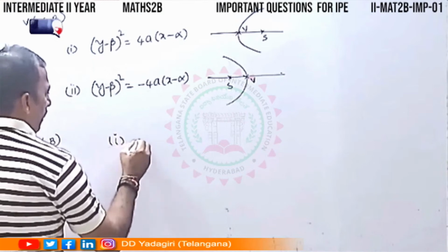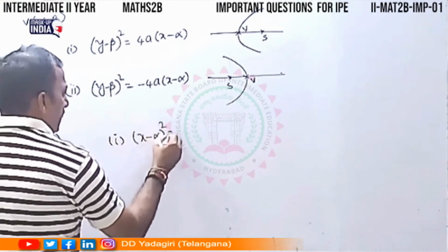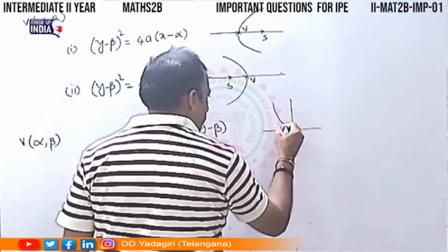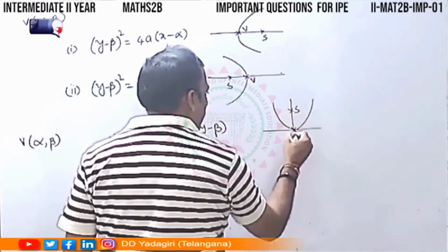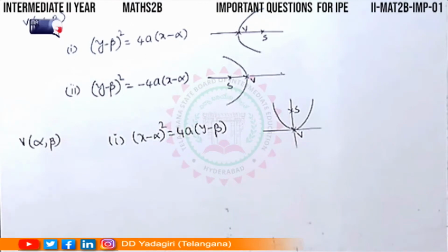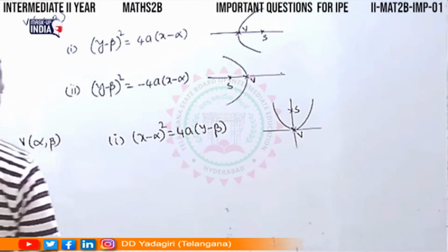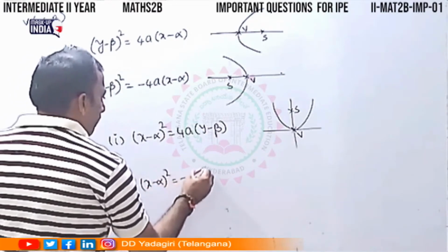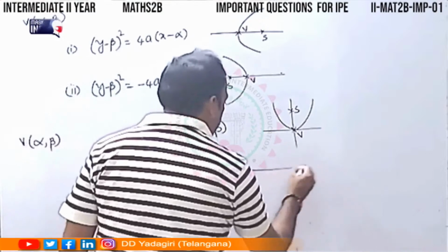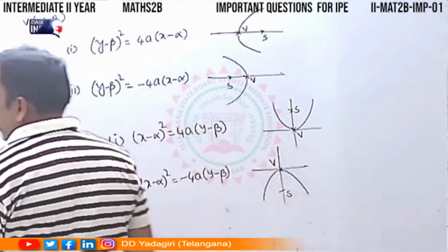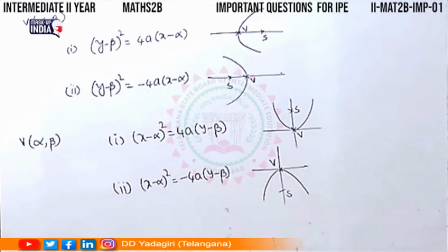Then the equation to the parabola is (x - alpha) whole square = 4a(y - beta) if the focus lies above the vertex, and (x - alpha) whole square = -4a(y - beta) if the focus lies below the vertex.